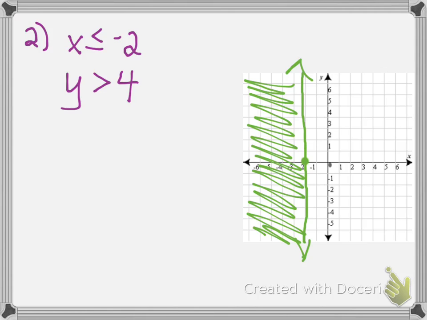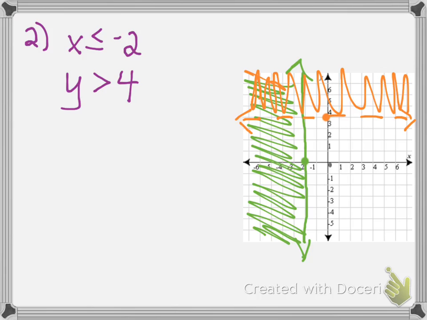Your second equation is also a special circumstance. On this one, you are going to find 4 on the y-axis, so you're going to go up 4. This one is a dashed line, and it is horizontal. Since it is greater than, you're going to shade above.